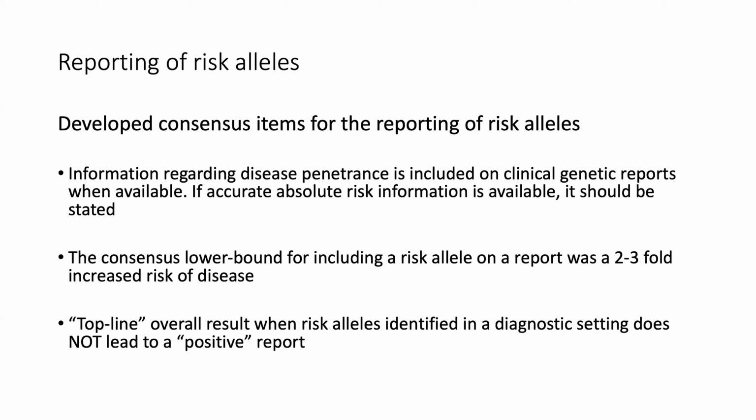And so as a group, we felt it was comfortable and applicable across medicine to have a 2 to 3-fold increased risk of disease as the lower bound. Again, not prescriptive, but something to keep in mind when thinking about whether variants that you could statistically call a risk allele should even be looked at or included on a report.